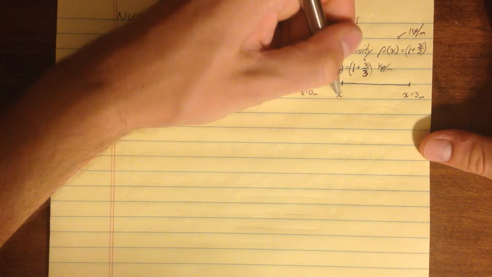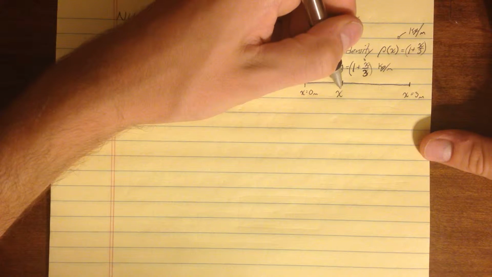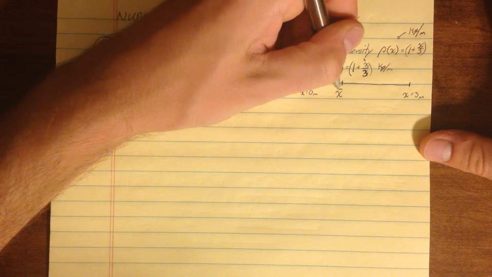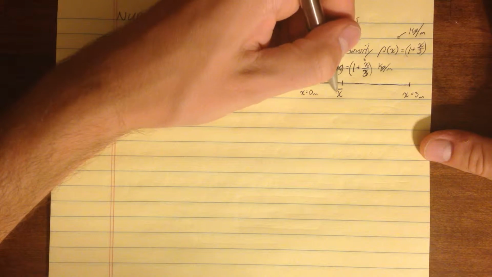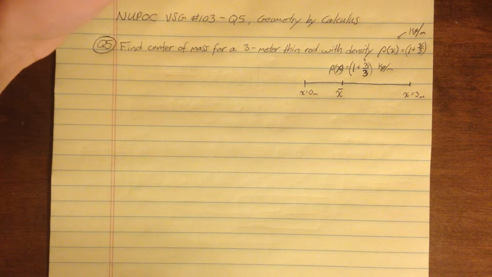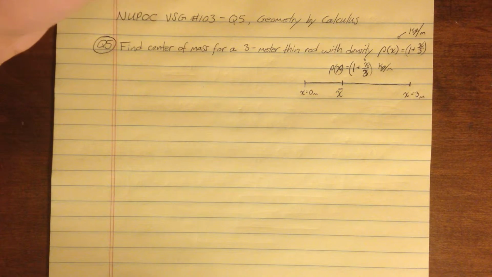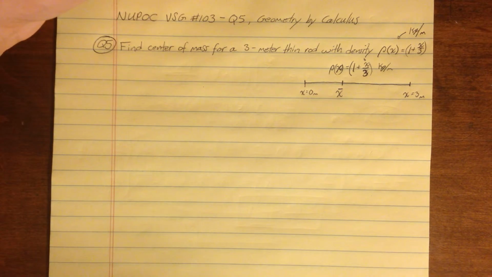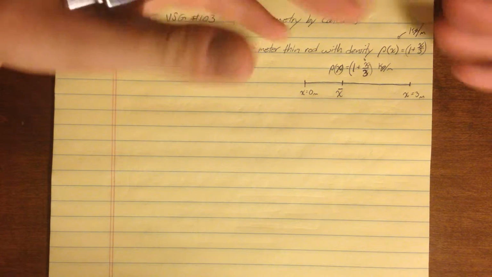somewhere there's going to be our center of mass, or what we'll call x bar. X bar is sometimes used for centroid, which is sort of the unweighted geometrical center, or the geometrical mean of a shape, whereas center of mass is mass weighted.